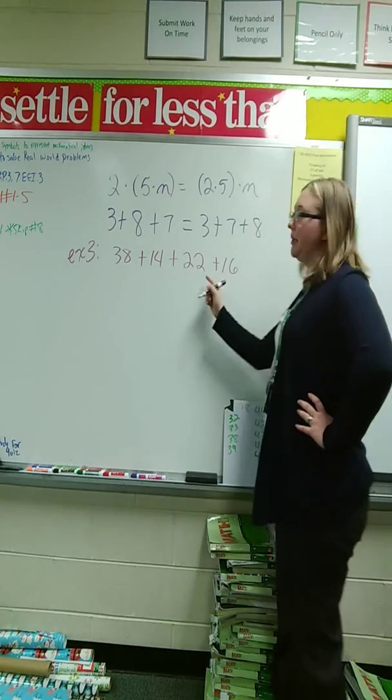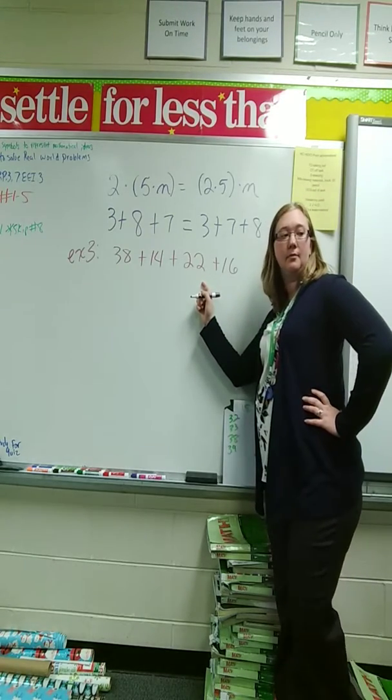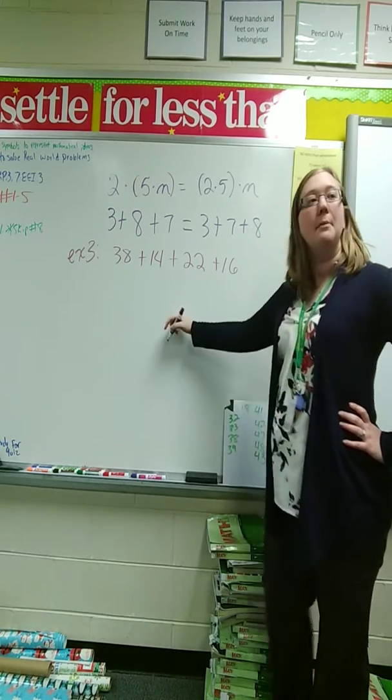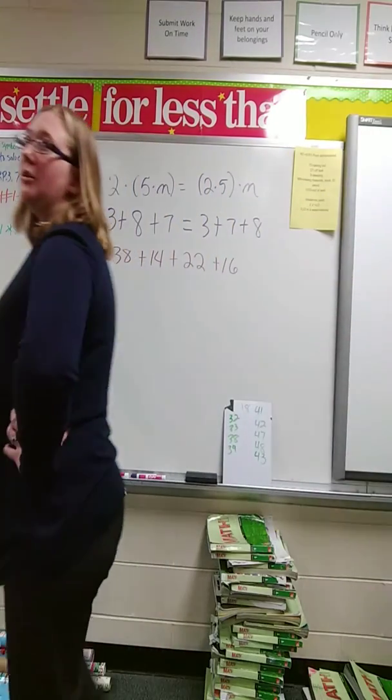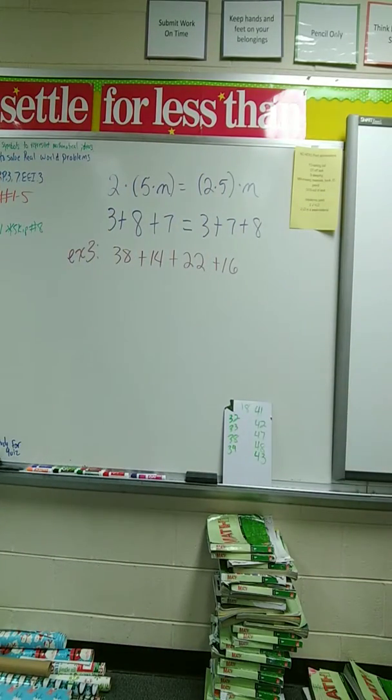Okay, so turn 22 into 11 plus 11? I could, but if I use one of my properties, I don't have to do that. What property could I use? It's either going to be the associative or the commutative. Commutative. Okay, I'm going to use the commutative property.